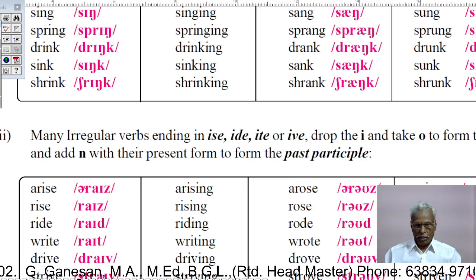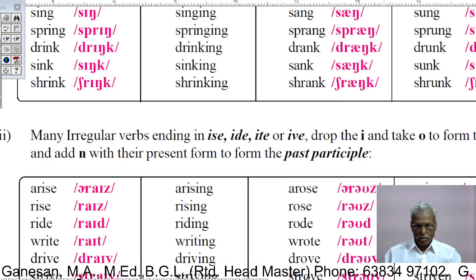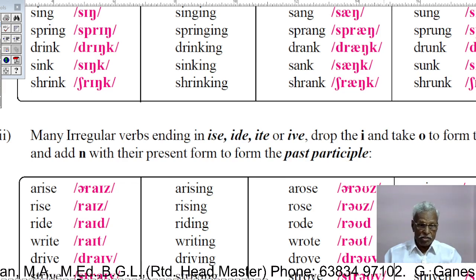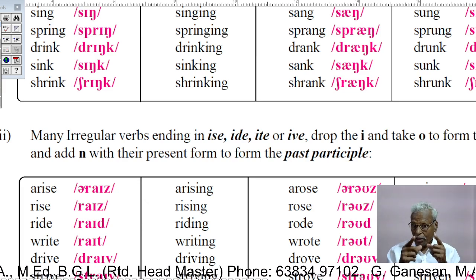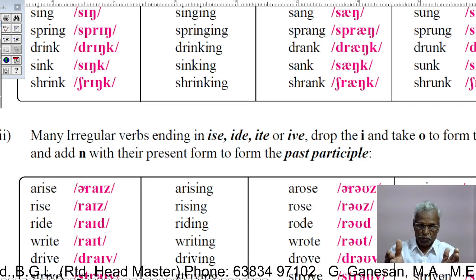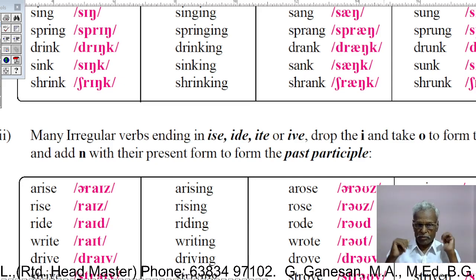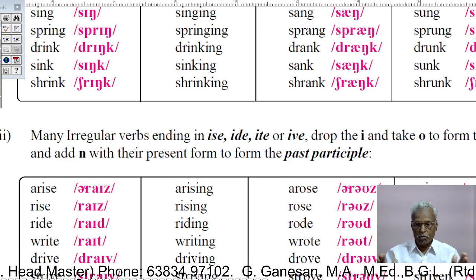See, arise, arose, arisen. Here, in the word arise, the second syllable is stressed. Rise, rose, risen.